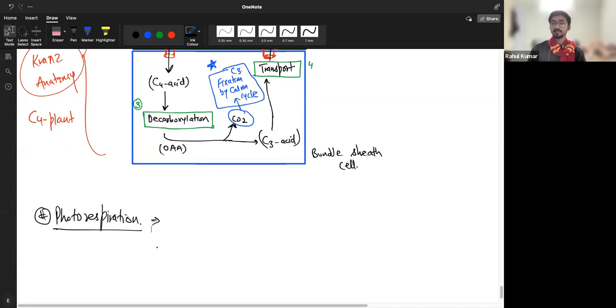One molecule of PGA, which is a 3-carbon molecule, and one molecule of phosphoglycolate, which is a 2-carbon molecule, because RUBP had 5 carbons only.